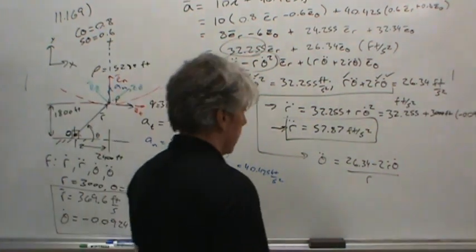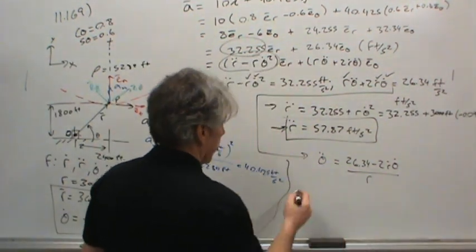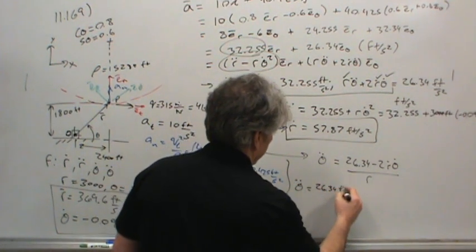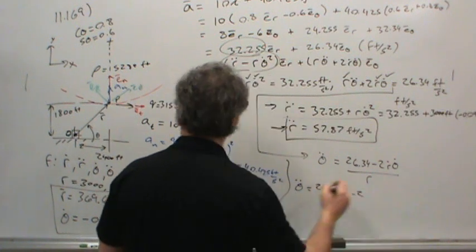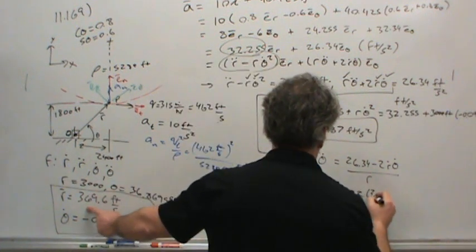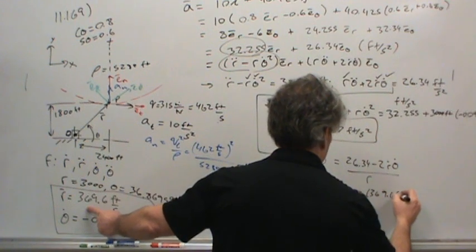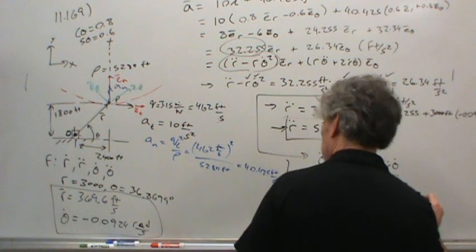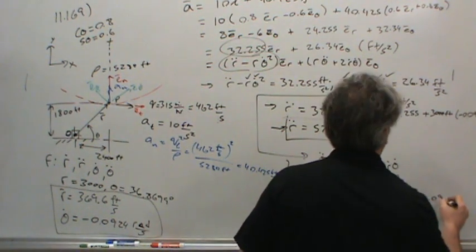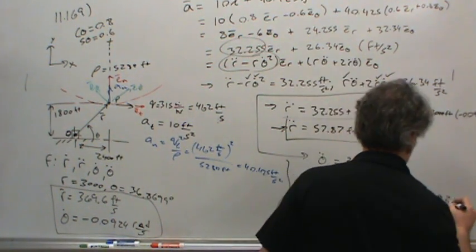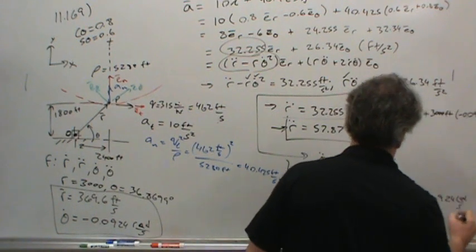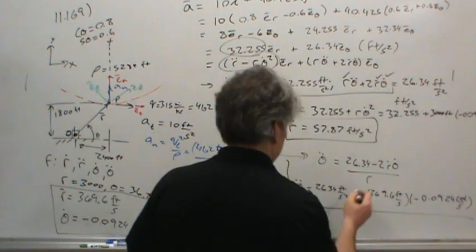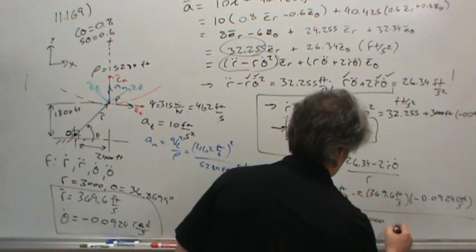So let's see, theta double dot equals 26.34 feet per second squared minus 2 times r dot, which we know is 369.6 feet per second, times theta dot, which is negative 0.0924 radians per second, all divided by r, which is 3,000 feet.